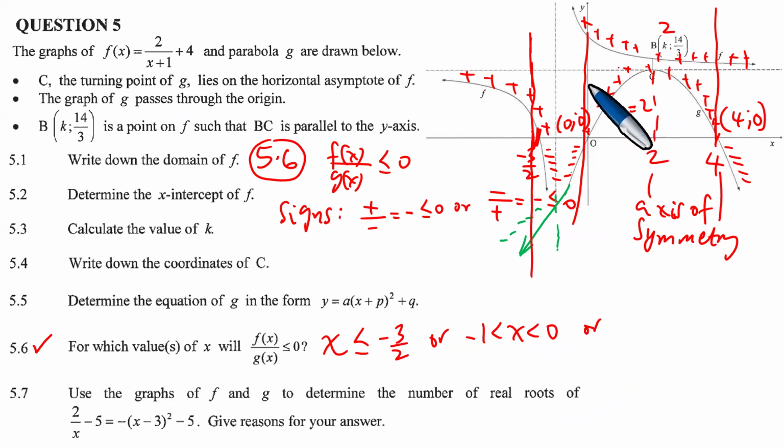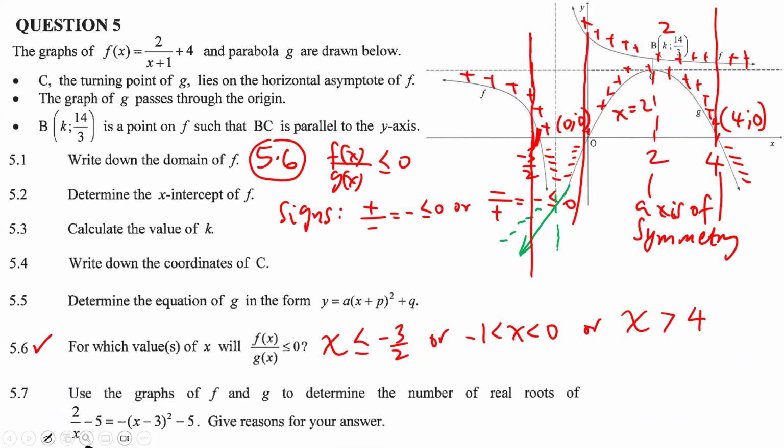Or, okay, let's see this part. One is positive and the other one is negative. That is going to be when x is strictly bigger than 4. But it can't be equal to 4 because the function g, the parabola in the denominator, is going to be 0 there. So you have these 3 pieces of information, and these 3 pieces of information form the answer to 5.6.